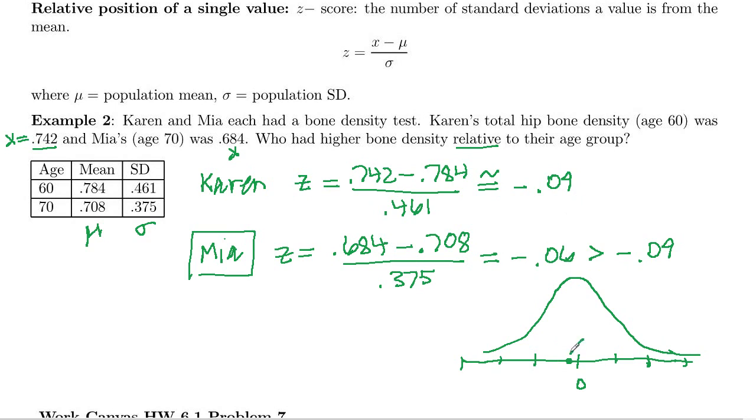That's Mia. And then negative 0.09 is more negative, so it's going to be to the left a little bit, maybe right here, and that's Karen. So you can see Mia's is higher relative to her age group. It's to the right on our bell-shaped curve. So that's how you compare different distributions: you just compute z-scores for each distribution.